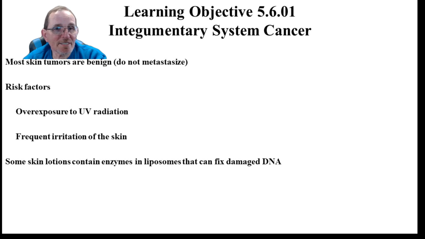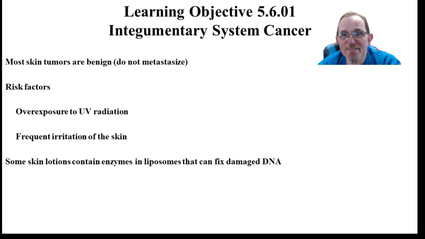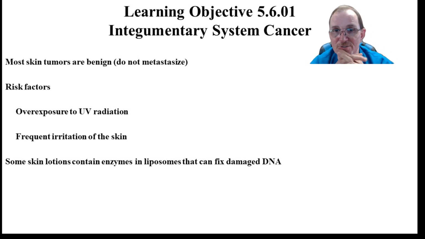Okay, guys, last thing I think we've got, let me move out of the way again. Last thing is the skin cancers. Most of these are going to be benign. They're not going to try to travel and take root in another part of the body. The biggest risk factor for this is overexposure to ultraviolet radiation, either in the sun or, Lord help you, the tanning beds, or frequent irritation of the skin, or exposure to some chemicals.